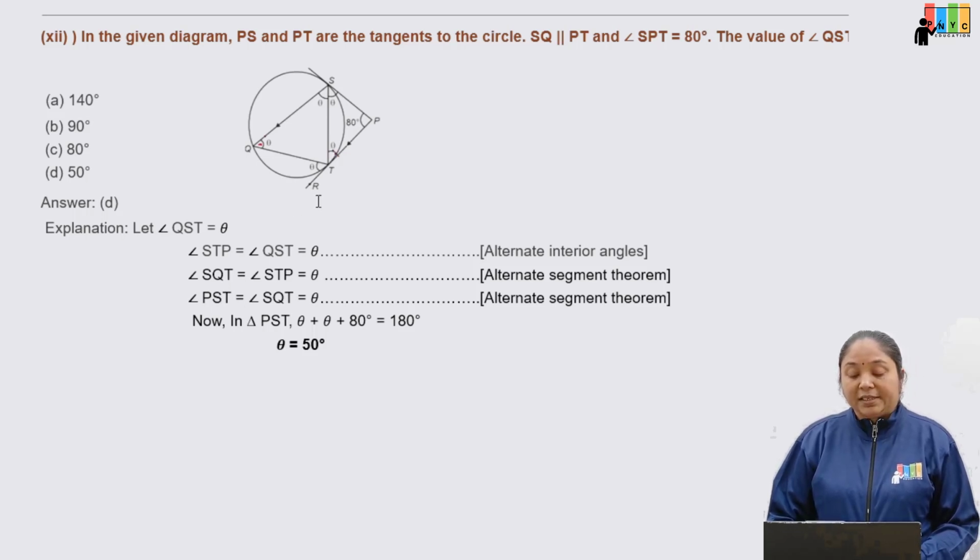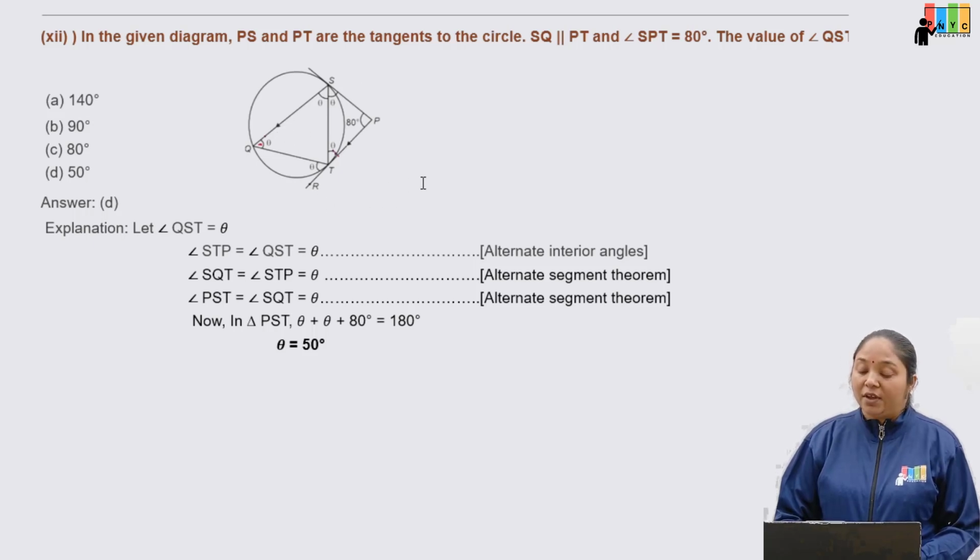Again angle PST, this theta, this angle is equal to angle SQT, that means this angle. You know that SQT is theta, so PST will also be theta. Again the alternate segment theorem. So what do we get?